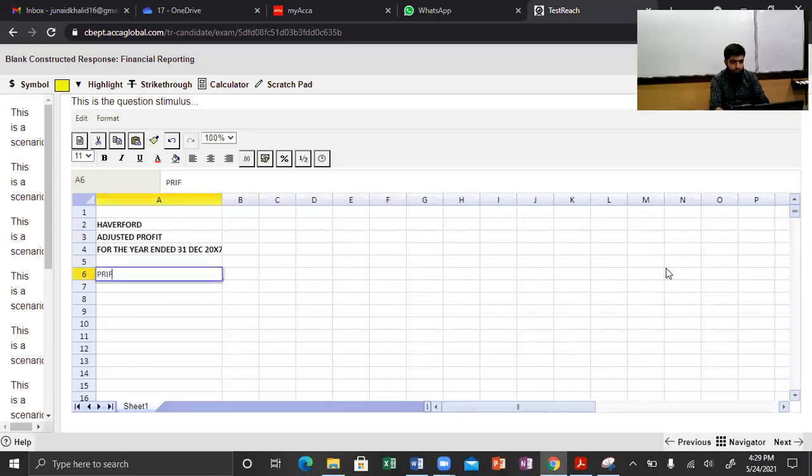That is the profit as per trial balance, or we can say that that is the draft profit.